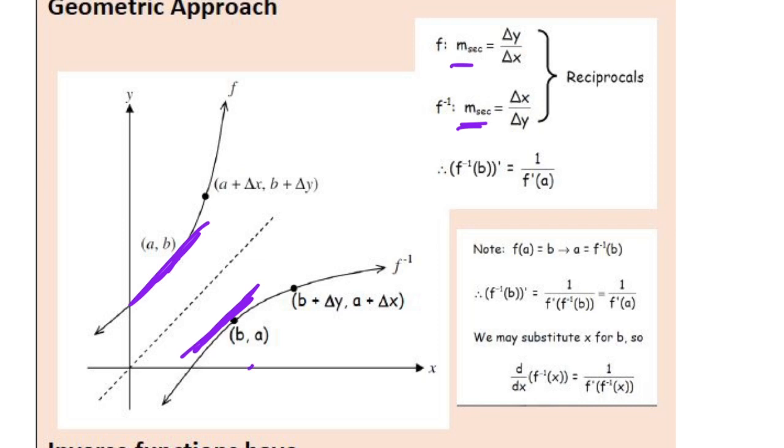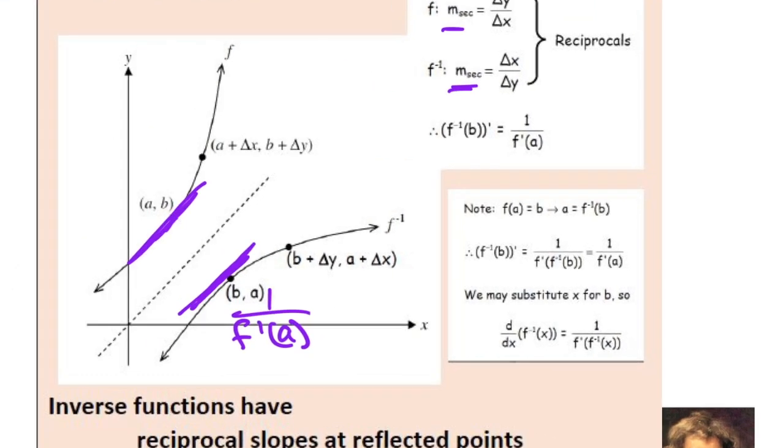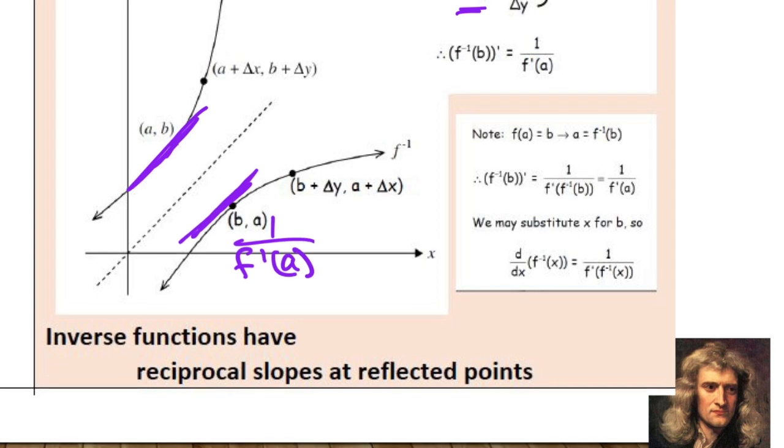So the derivative is going to be 1 over f prime of a, or the y value. So if these slopes are reciprocals, that's going to give us lots of different ways to figure out the derivative of our inverse functions.